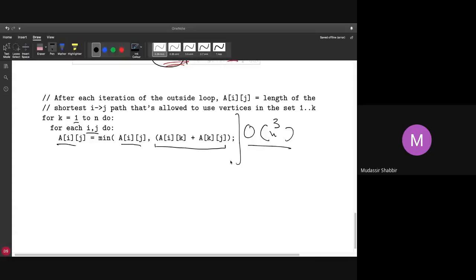So this is sort of one order more than what is minimally possible. But there are certain algorithms which actually do better, not a lot better. You can't do much better than order n cube, but they require a lot of advanced techniques, which we are not going to learn in this class.